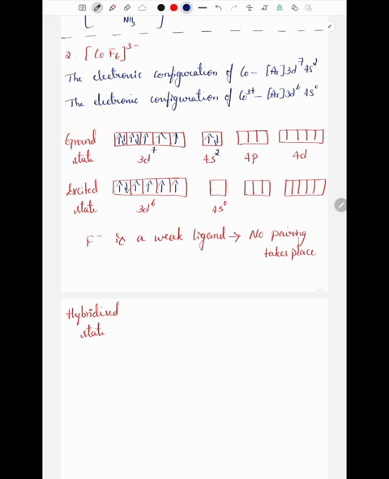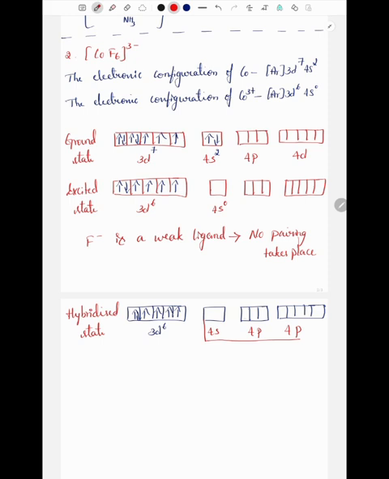This 3d will be as it is, 1, 2, 3, 4, 5 and of course there are 6 electrons, 3, 4, 5, 6 electrons in 3d, and the hybridization right now should start from 4s. As there are 6 ligands, we need 6 orbitals. The hybridization starts from the s orbital, includes 4p orbitals.